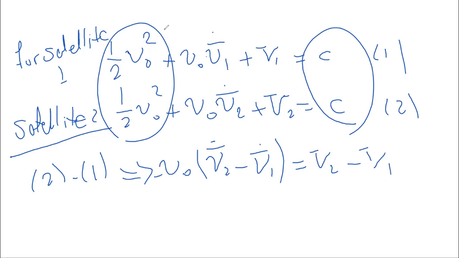What does it say? This says that the potential difference between the satellites, the potential that satellite 2 experiences minus the potential that satellite 1 experiences, is equal to minus the average velocity multiplied by the difference between their along track velocities. That is an interesting conclusion.